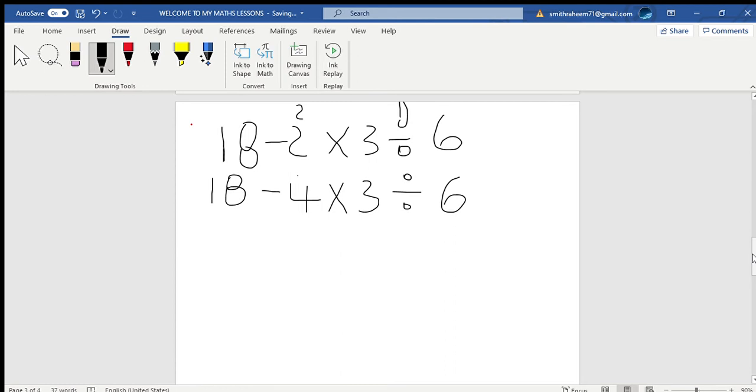Alright, so we could do the multiply or the divide, but since we're going from left to right, we're gonna multiply first. So to multiply this, we could put this inside a bracket. I'm gonna erase this.